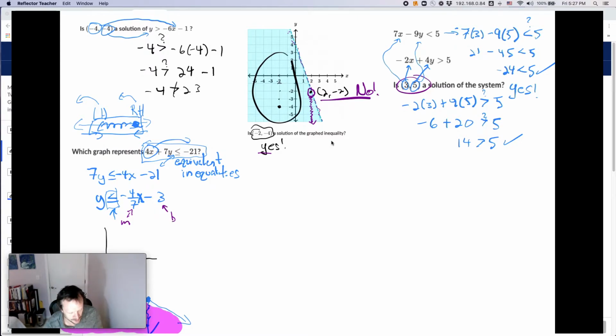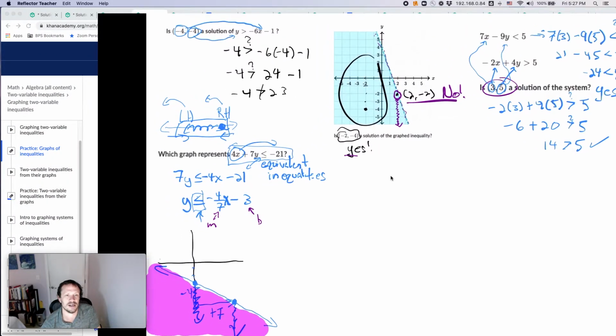And we can go look. I apologize for making that entire graph over to the side where you couldn't see it because of my big blockhead here in the video. But you can see we started at -3, went down 4, right 7, connected the points, shaded below the line.